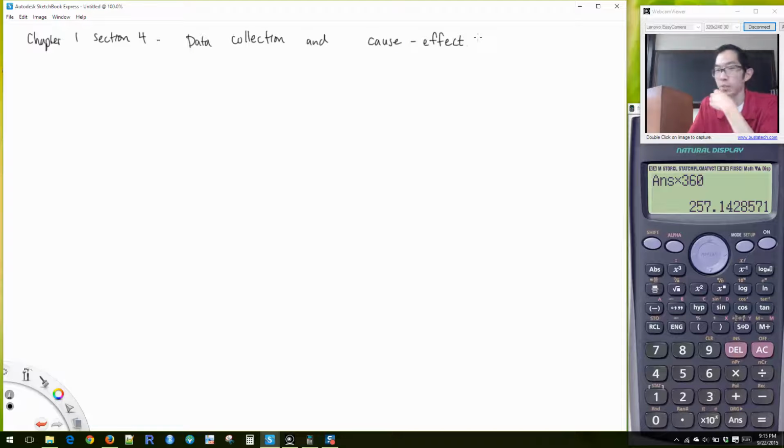This concept of cause and effect is also known as causality. It's a tough topic if you're trying to understand what causes the other thing. It's actually rather difficult to figure out. But anyway, let's talk about data collection.